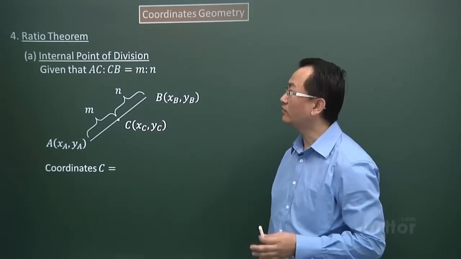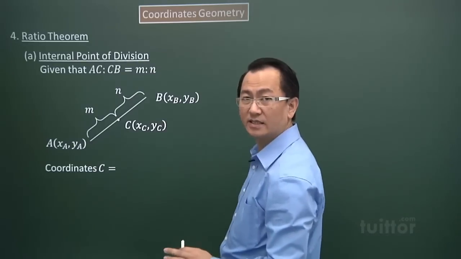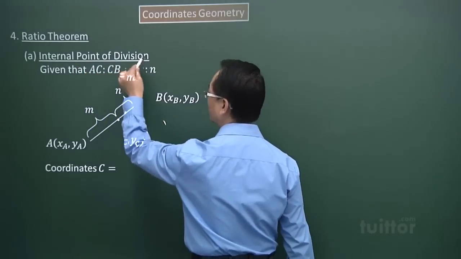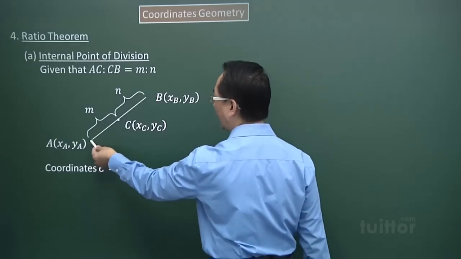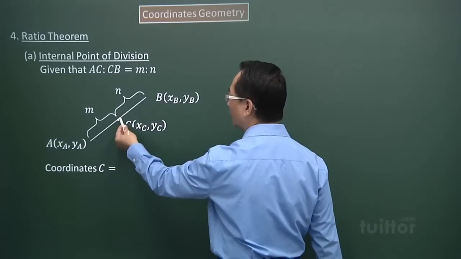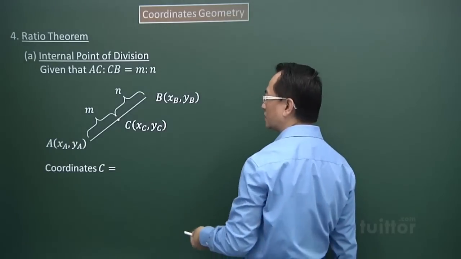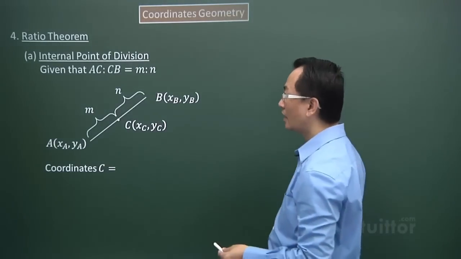Now we look at ratio theorem, point 4. There are two cases here. Case 1, internal point of division. In other words, if I'm given A and B, I have to find a point that is in between A and B, say point C that I have to find right now.